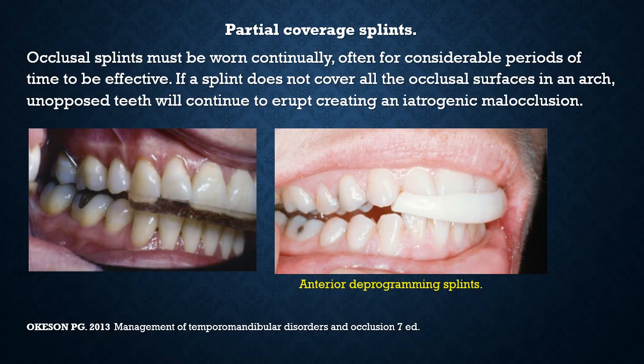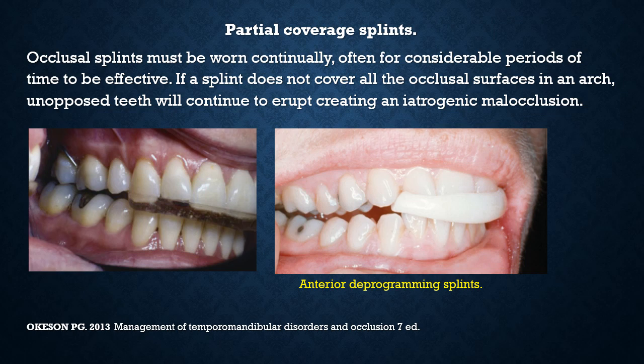Well, we have many types of splints. The partial cover splint, an example, is the anterior deprogramming splint. Actually, these are used in case of muscle spasm. It will relieve the pain quickly, but it should not be worn continuously.